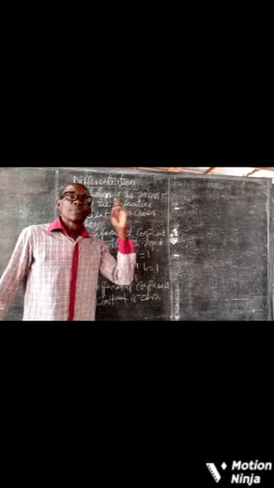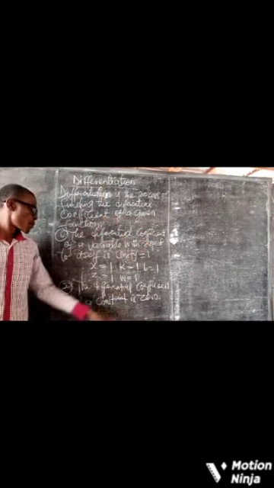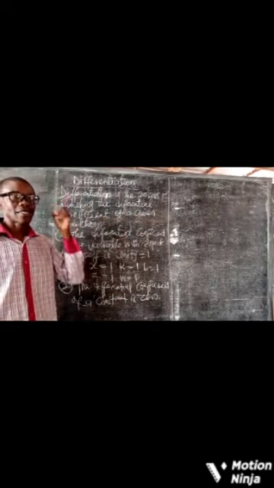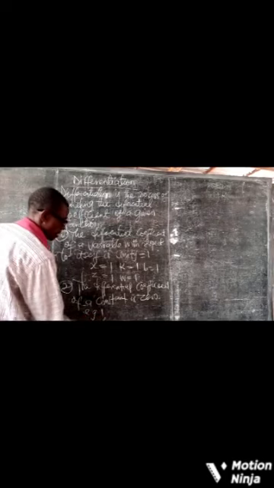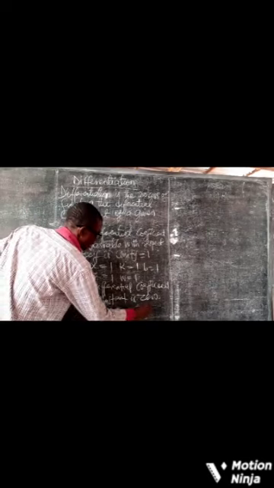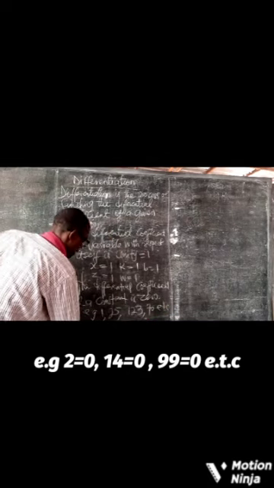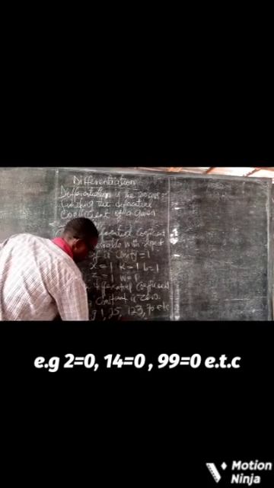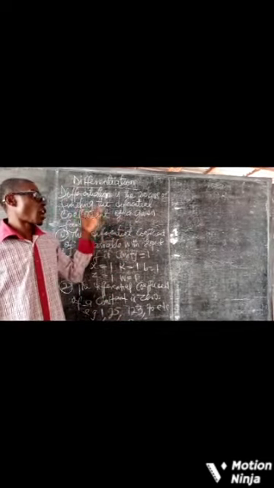Just take note of this: the differential coefficient of any constant is 0. A constant could be 1, 25, 123, 70, or 80. So it means that the differential coefficient of these is equal to 0. Any constant at all, the differential coefficient is 0.